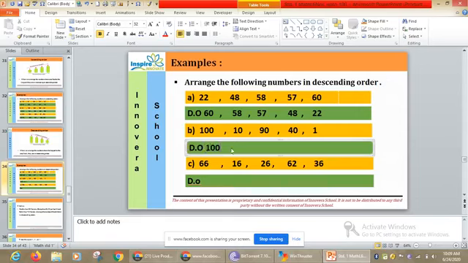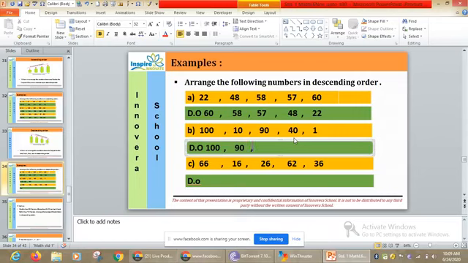So after 100, what will come? 9 is there. So 90 will come.